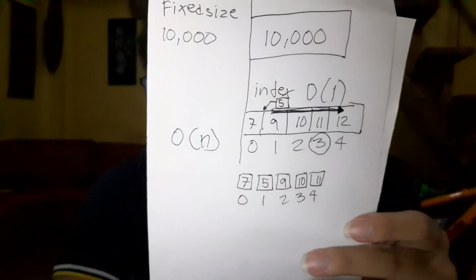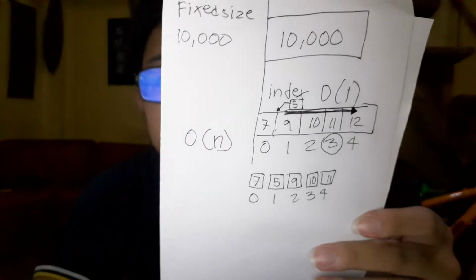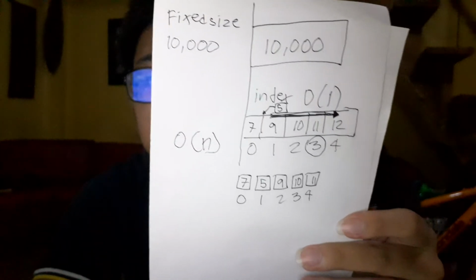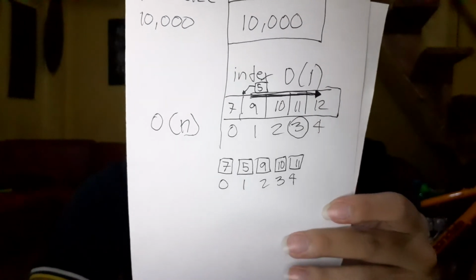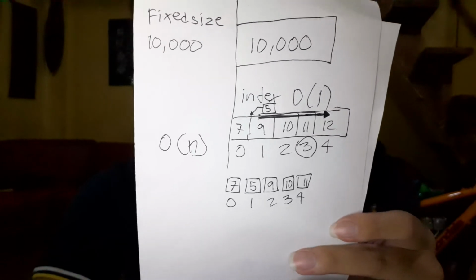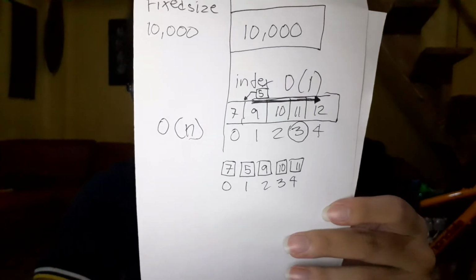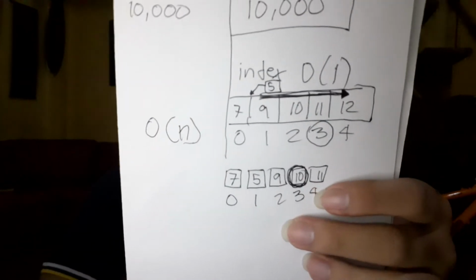Now let's look at the example of removing an item, and this is the exact same problem we've run into before. So let's say we want to remove item 10. We want to just get rid of it.